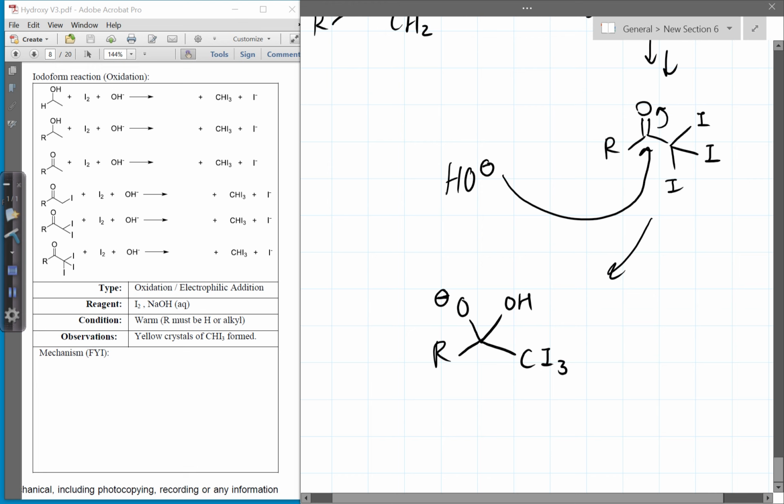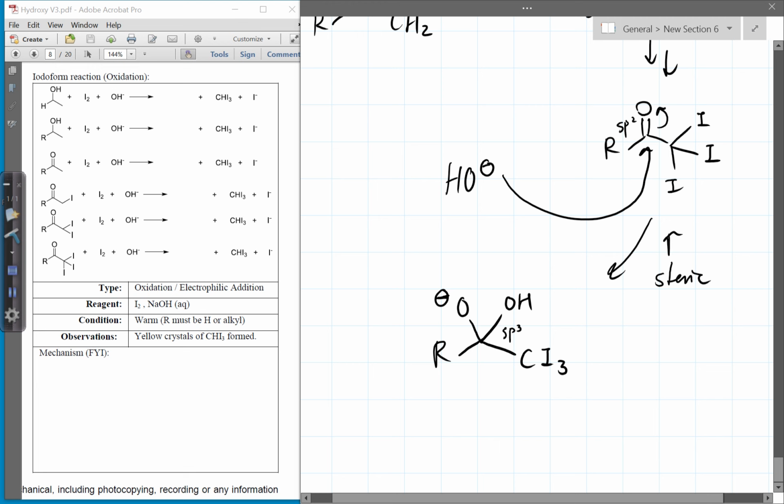Now we see that we are turning from an sp2 center to an sp3 center. On top of that, iodines are very, very large and bulky, so there's an increase in steric hindrance, and it will be unstable.